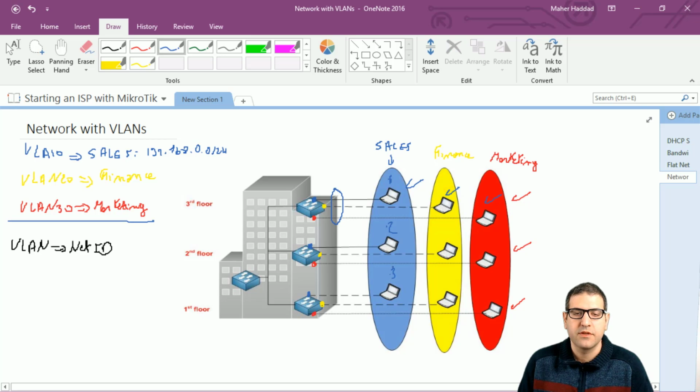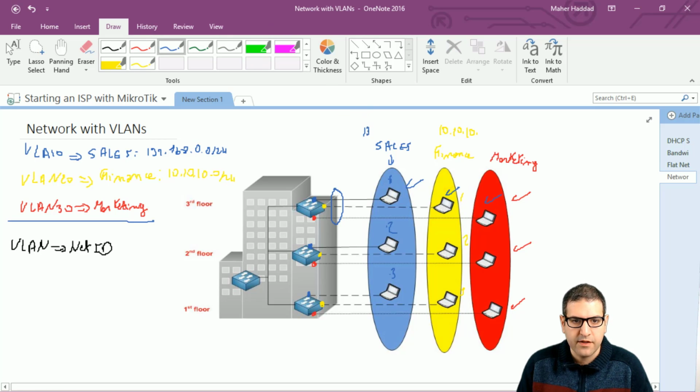For the finance, I will take the range of IP 10.10.10.0/24. Then the finance here will have 10.10.10. something. So here is .1, here .2, here .3. Okay, so you can see they are on different network IDs.